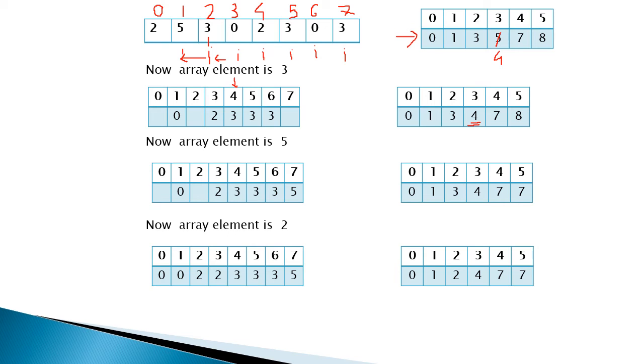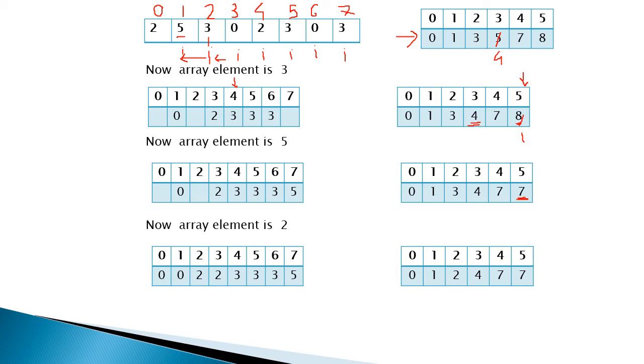Okay, and after decrementing I, the I value is what? 1. On index 1 the value is 5 in our original array. Then go to the updated array, 5. Okay, then this is the index number, na, decrement this index number by 1, then we get our updated index value, that is 7.